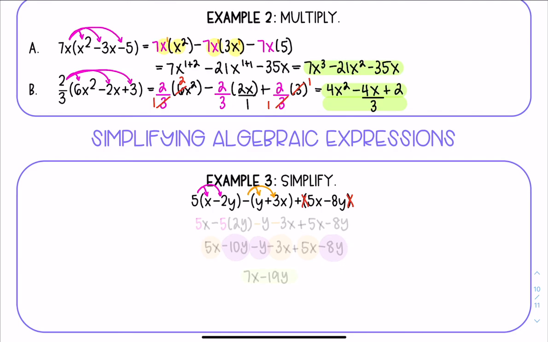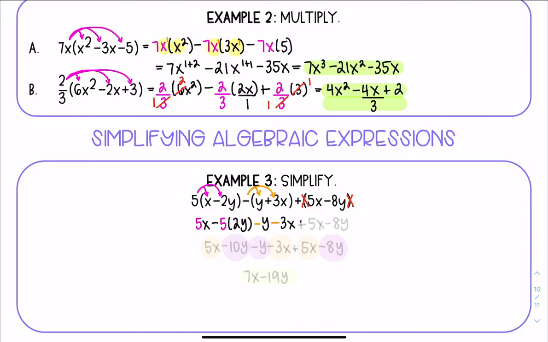So let's go ahead and multiply this out. We have 5 times x, and then we have 5 times 2y. Then we're going to distribute the negative and change the sign of the second set of parentheses. And so we end up with negative y and negative 3x.